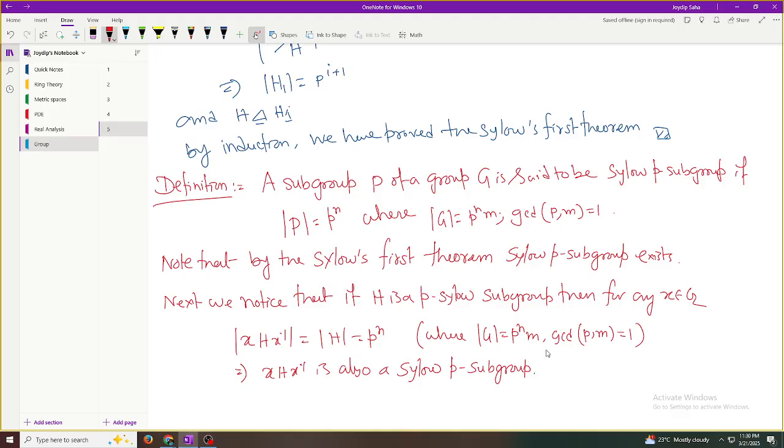But what about the converse? Let P and Q be two Sylow subgroups. Are they conjugate?